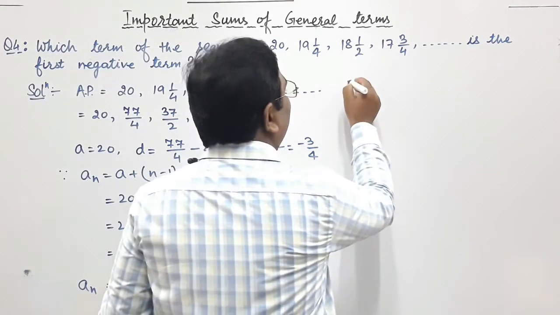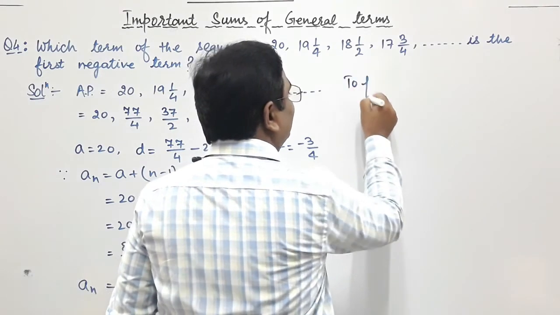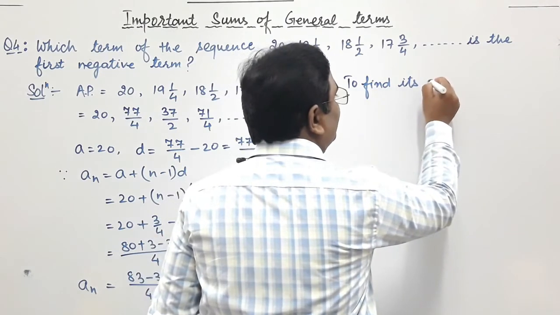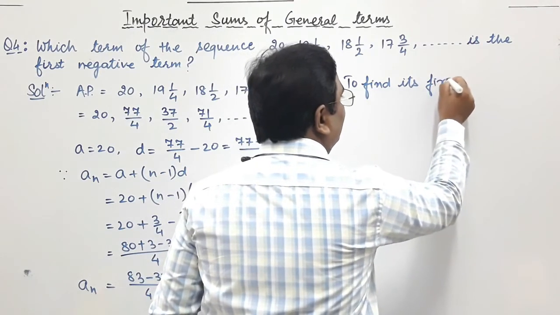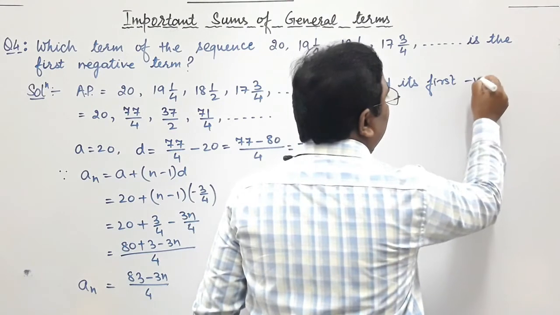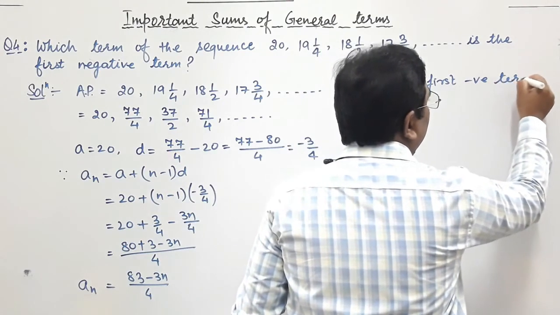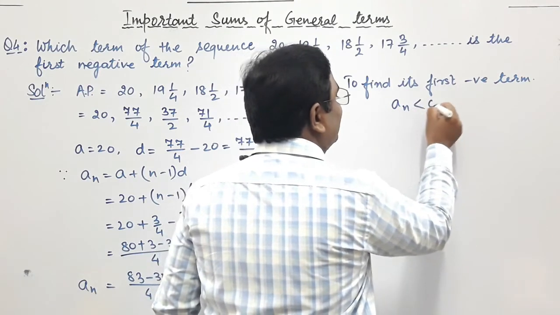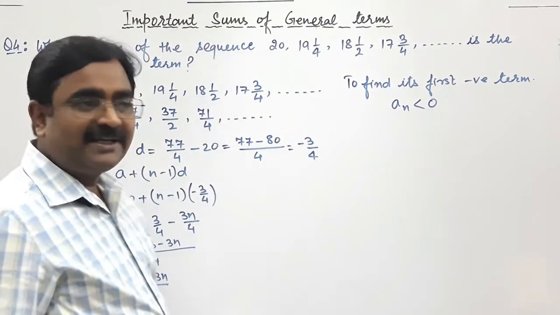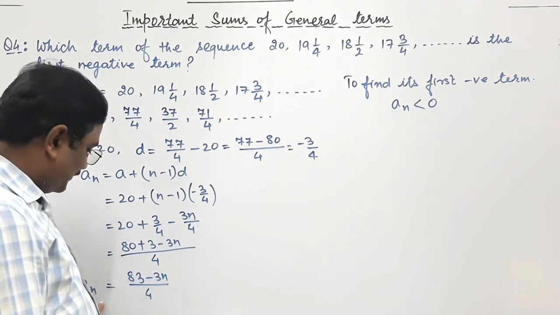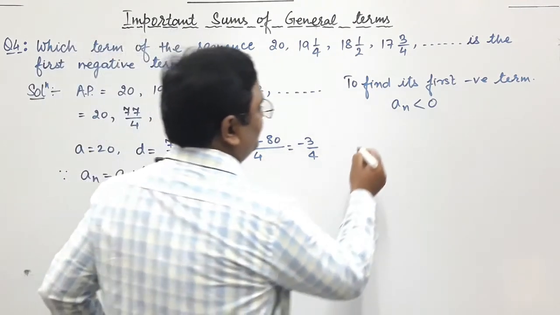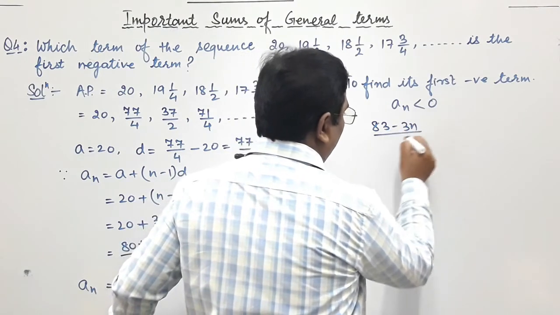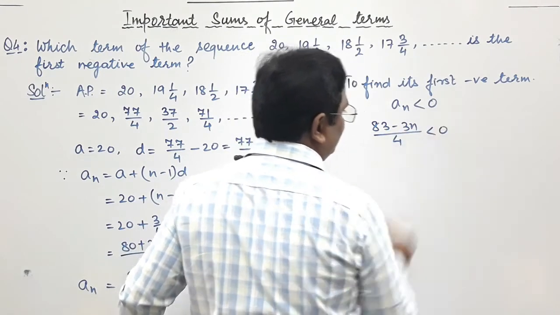So to find its first negative term we have to take an less than 0, right? an is less than 0, and the value of an is 83 minus 3n upon 4, which is less than 0.